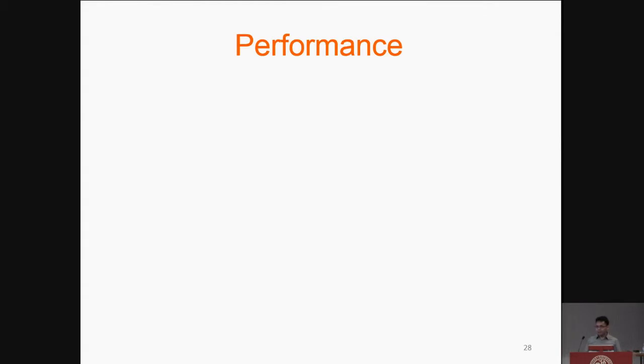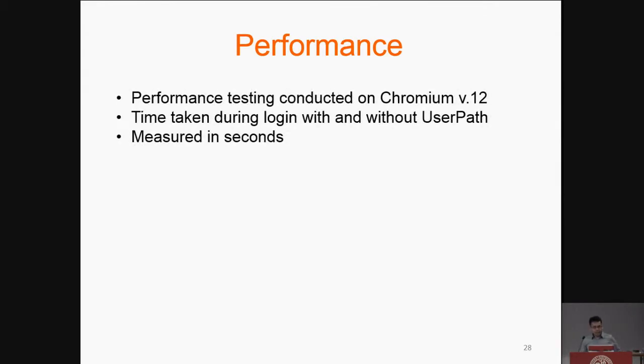And lastly, in terms of the performance, we evaluate the performance on our Chromium version 12, the modified one. And then what we do is we measure the time taken from the first time you log into the web application until you successfully log in, and after all the resources are loaded into your web browser.